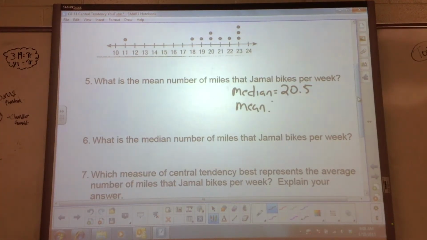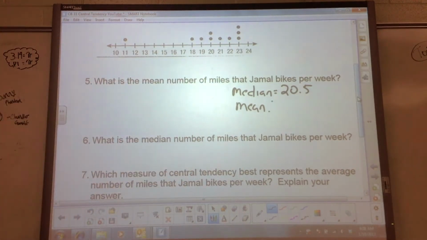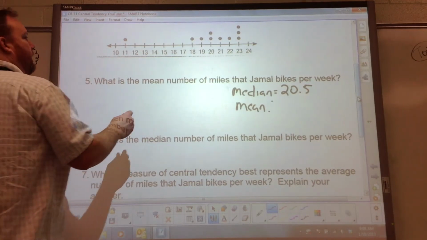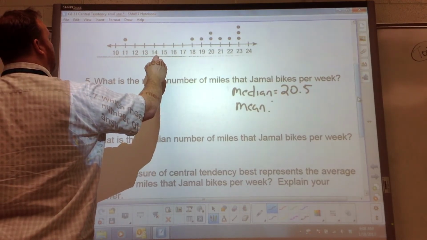Plus 18, plus 11, plus 18, plus 19, plus 20, plus 20. Don't forget, you have to do the 20 twice and the 23 3 times. Total is 200.